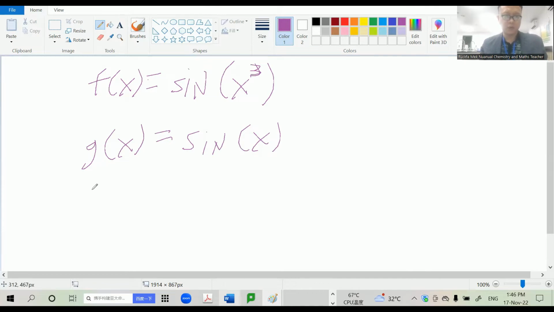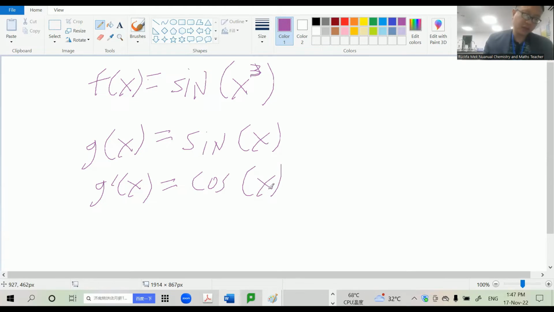Now, if I'm taking the derivative of g of x, based on the trigonometric derivatives I gave you, this would simply be cosine of x. I know where to stop on that because I'm just following the rule we've been given. But what about the other one?